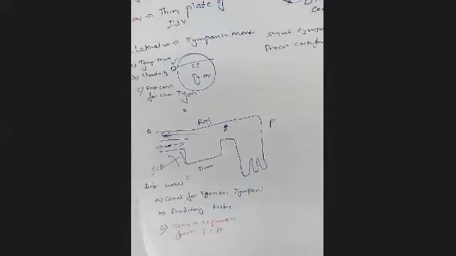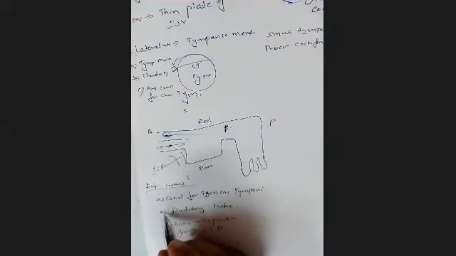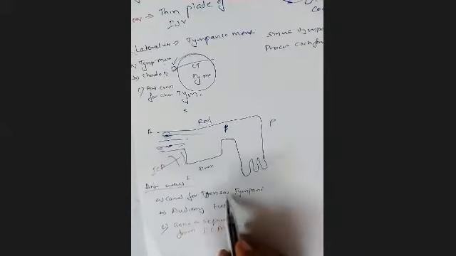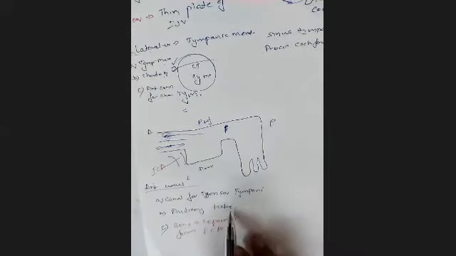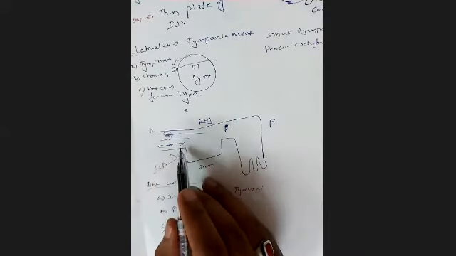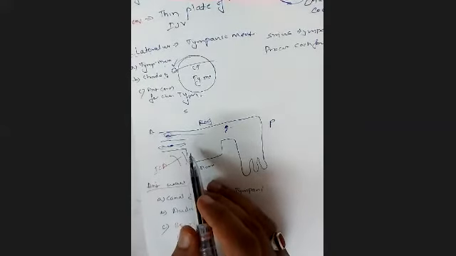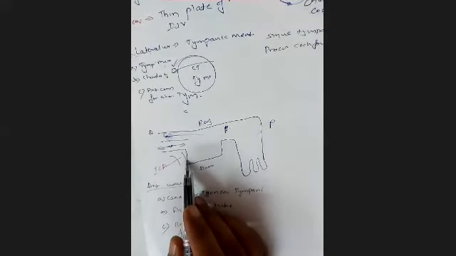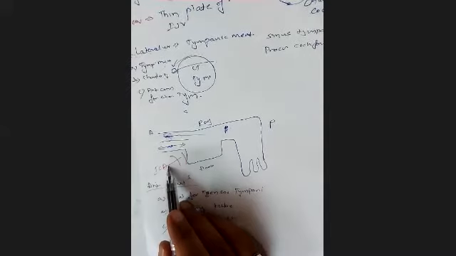So again, for the anterior wall, we have A, B, and C. Canal for tensor tympani, auditory tube, and a thin plate of bone separating it from internal carotid artery.